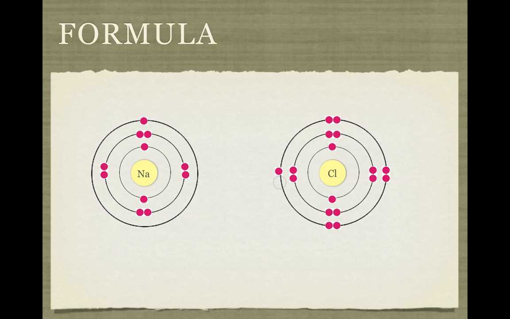So to have a full valence electron ring for sodium, you would need 7 more. It would just be easier to take away that one electron and place it to chlorine, where both chlorine would have a full valence electrons, and so would sodium. This would make it so that they combined.